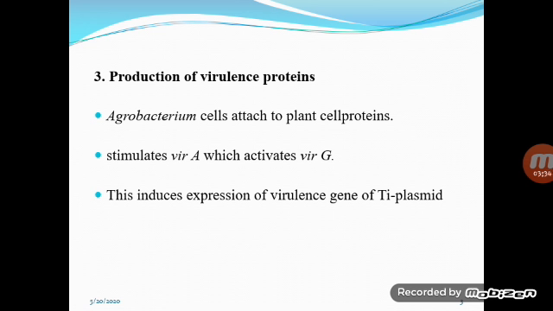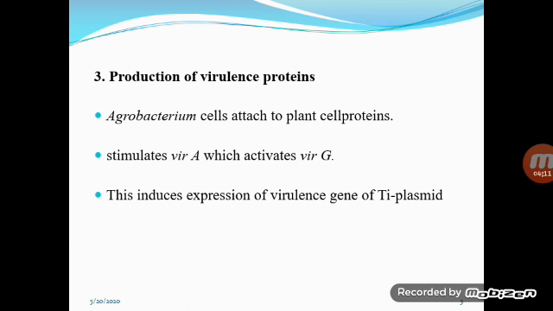The third step is the production of virulence proteins. As signal induction occurs in the Agrobacterium cells attached to the plant cell, a series of events take place that result in the production of virulence proteins. To start with, signal induction by phenolics stimulates VirA, which in turn activates VirG.